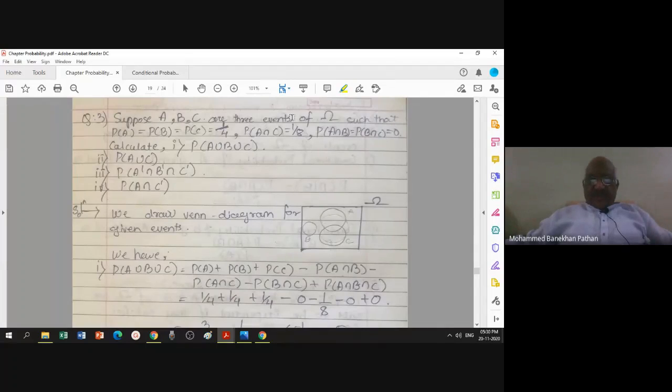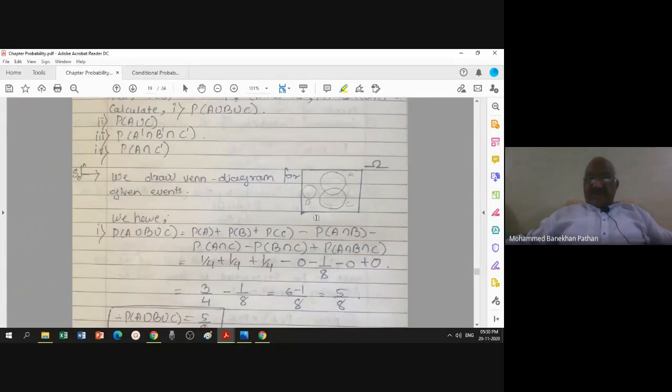If you come here, it says probability of A intersection C is 1 by 8. That means there is something common between A and C. So it tells you the circle of A and the circle of C have some common part. That implies your Venn diagram should be in this way.